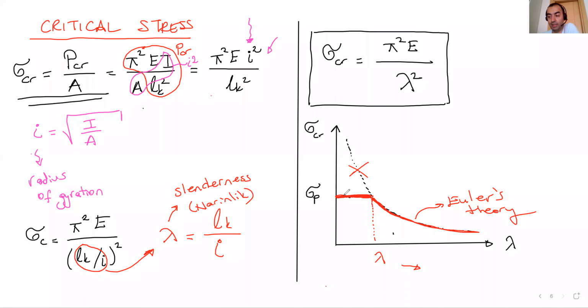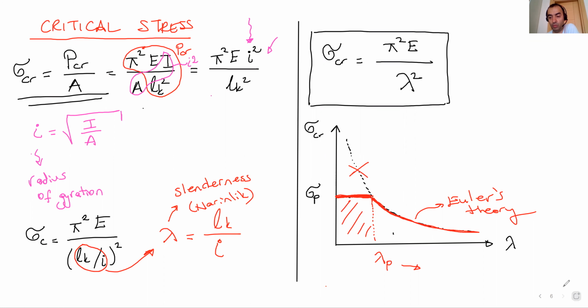We are going to talk about the Tetmayer method or Rankine's method for this portion. For the other side, if we have a slenderness higher than this limit, let's say lambda p, we will have the Euler's theory.